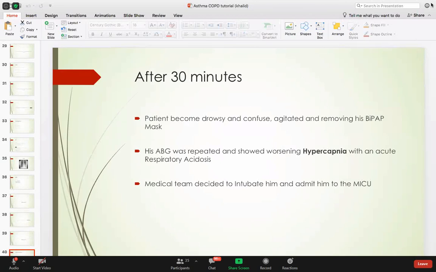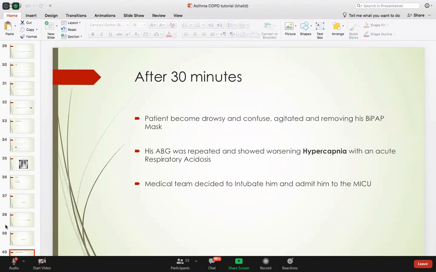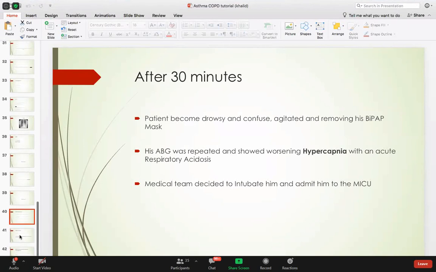After 30 minutes, the patient becomes drowsy, confused, and agitated. He is removing his BiPAP mask. His repeated ABG shows worsening hypercapnia with acute respiratory acidosis. His medical team decided to intubate him and admit him to the medical ICU.